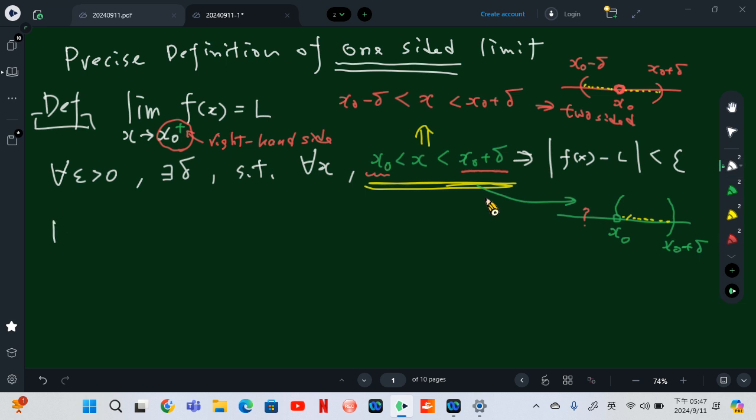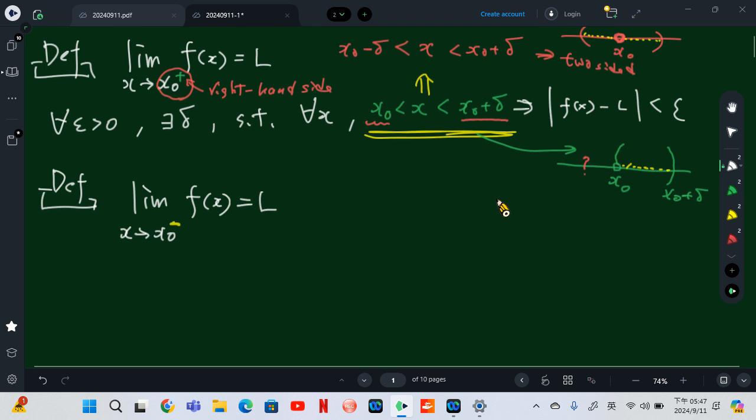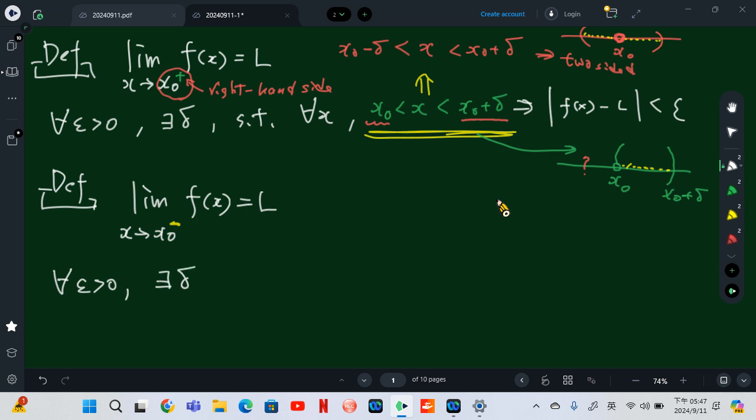If we want to define limit as x approaches x0 minus of f(x) is L, I think right now you can try to guess that for any epsilon, I always can find a corresponding delta such that for any x, what is the range?